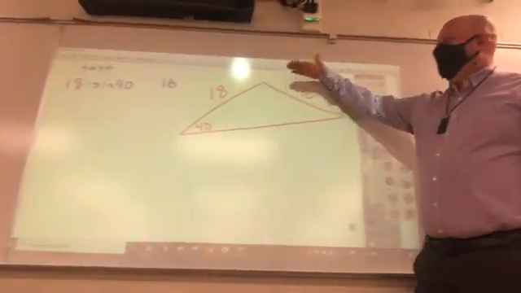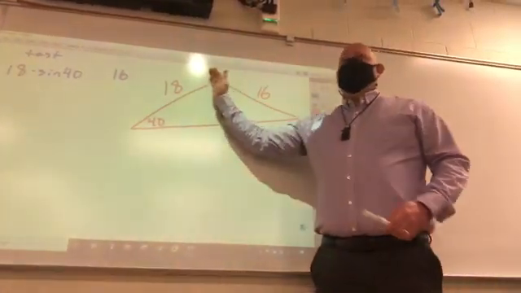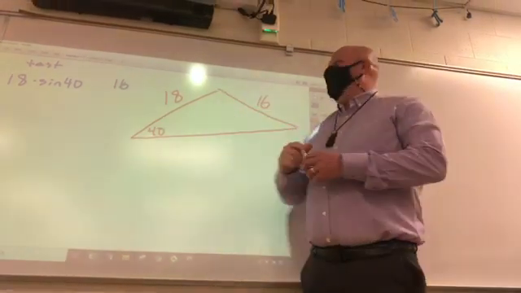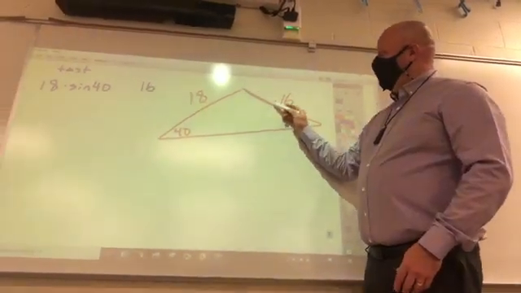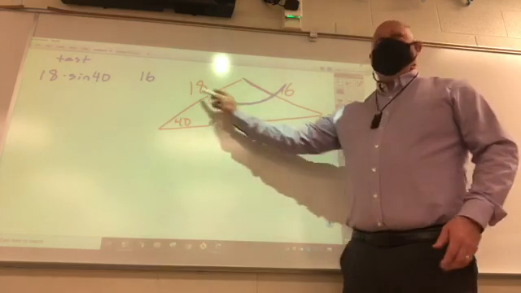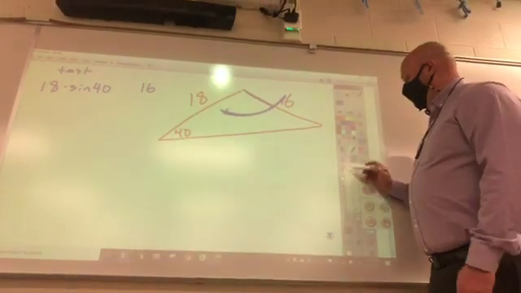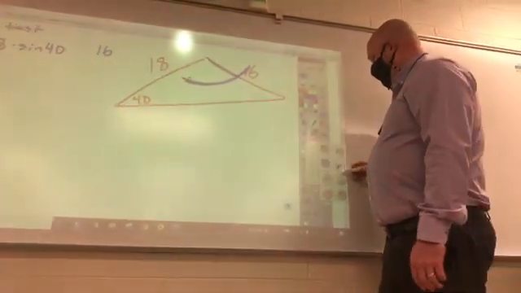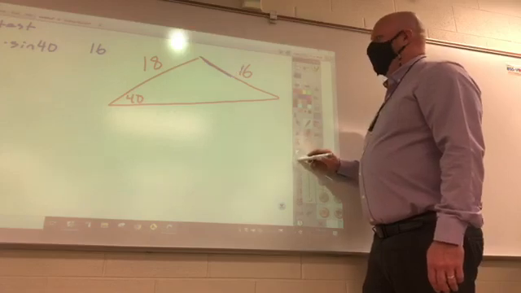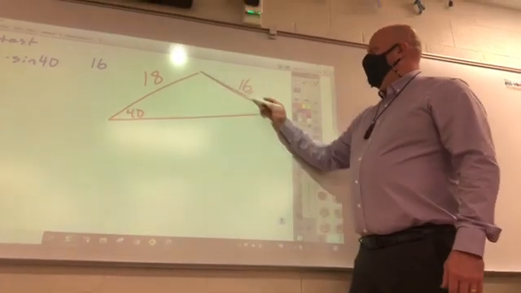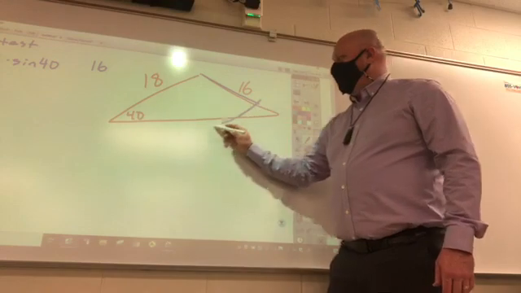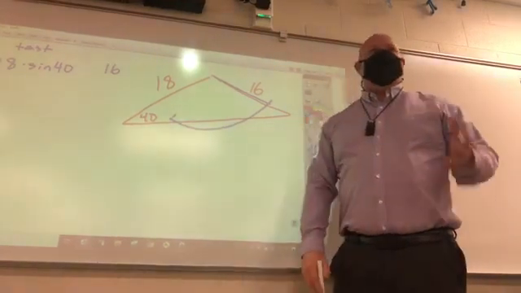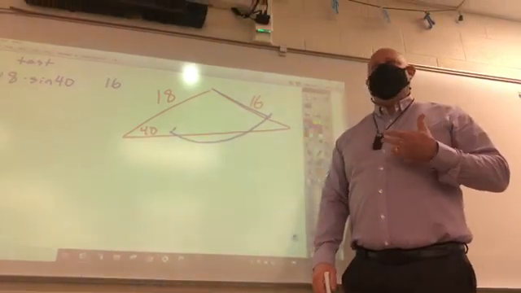We need to know, is this 16, think of it as swinging down, too short and it's not going to reach? Or is that 16 long enough that when it reaches, it'll actually reach twice? So that's the scenario.